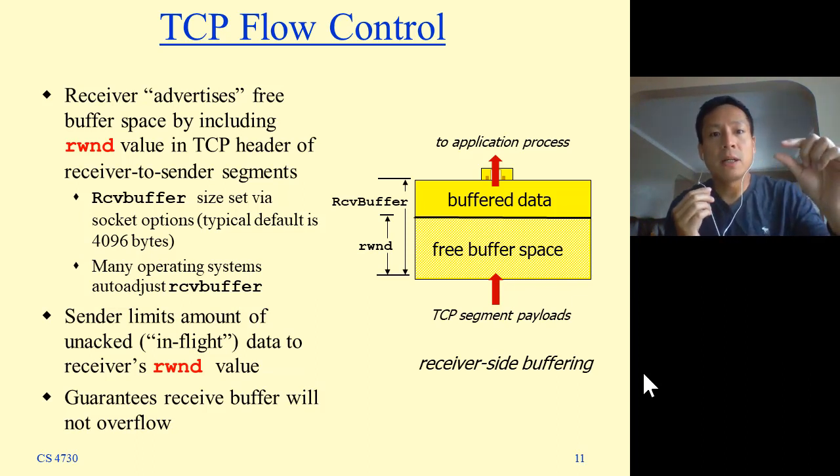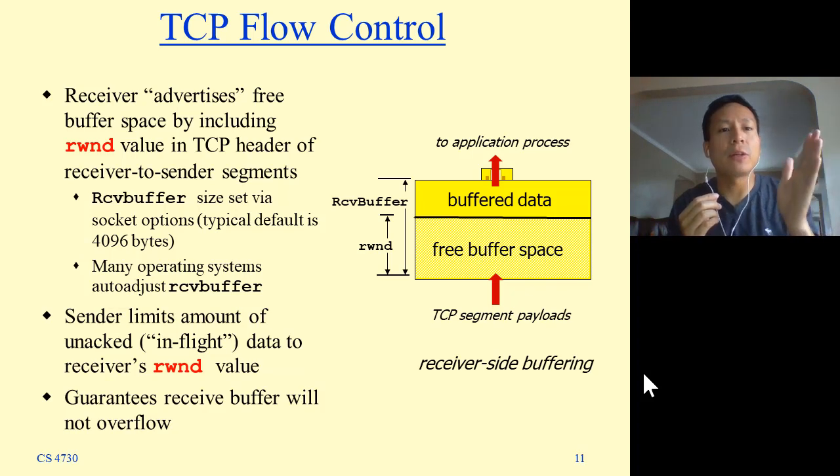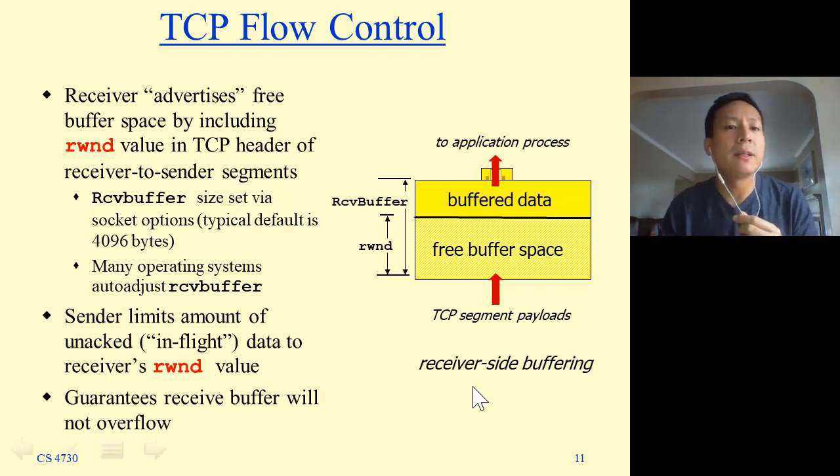So the receiver window header field will be set. Specifically, it's called RWND. So you can see RWND is the receiver window size that the receiver tells you that you cannot exceed. I mean, in terms of the sending window, you cannot send too many packets back to back without acknowledgement.